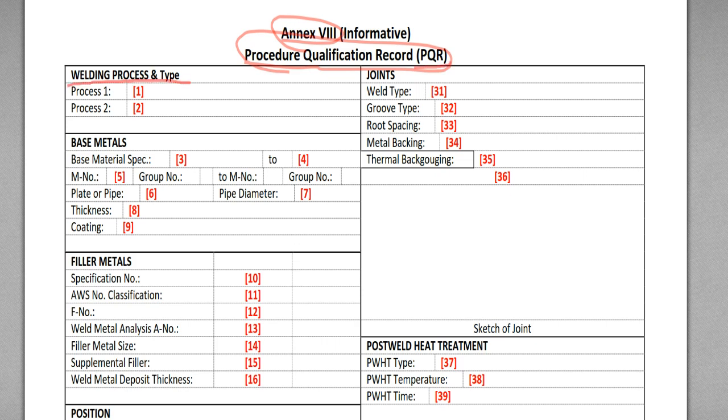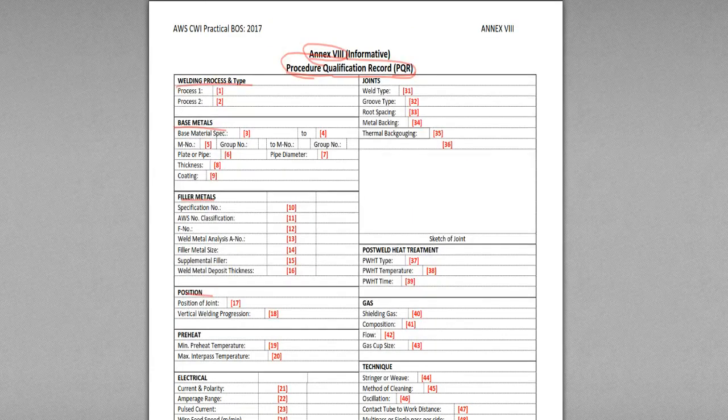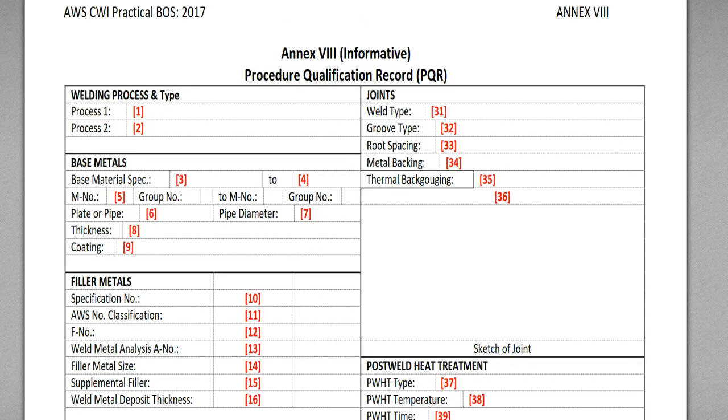So welding process type, base metal, filler metal, position. They look like the WPS format. The data are similar, actually the same, because the PQR is the base for the WPS.